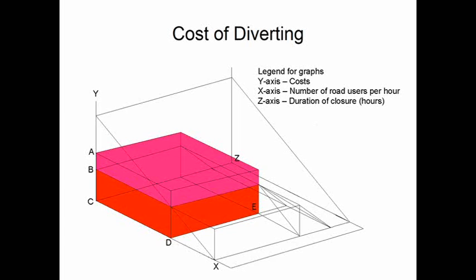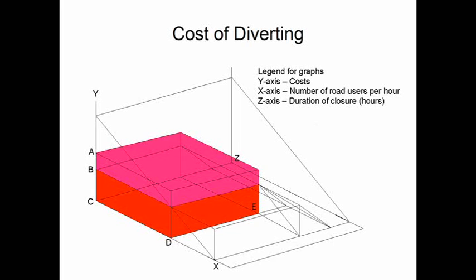At that point, you're going to have road users switching to waiting rather than diverting. So for example, at the beginning of the closure, the cost of waiting could be, let's say, $500. But as you get closer and closer to the time it opens, that may go down to $100. And if your diverting costs are more than $100, then waiting becomes the better option. So that leaves us with that rectangle, which is actually your cost of diverting.